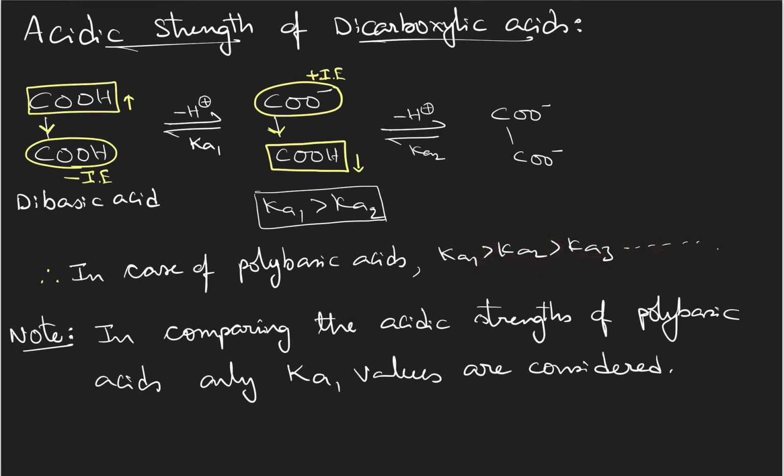That means for the release of first H plus ion, the dissociation will happen maximum, whereas second dissociation will not happen that much, and third dissociation will be very less.